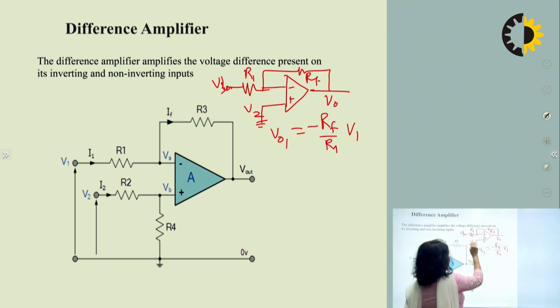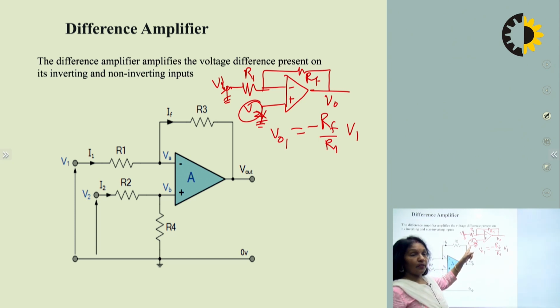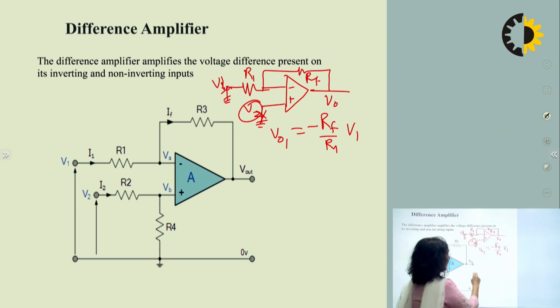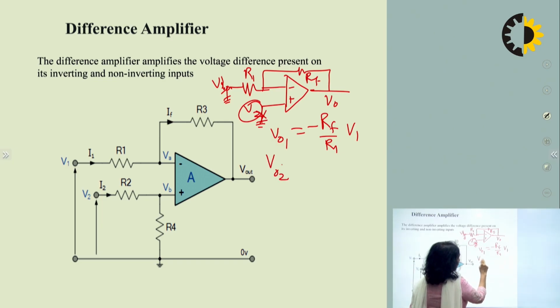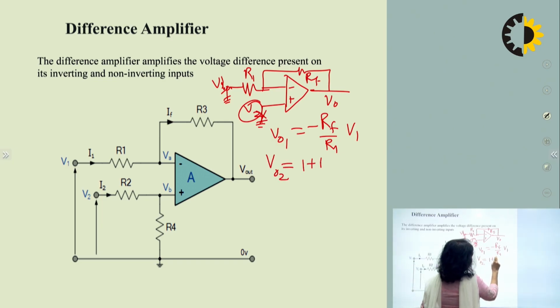Now, in the second case, we will ground this and use V2. For that, the circuit is reduced to a non-inverting amplifier, and we get the output V02 equal to 1 plus RF by R1 times V2.